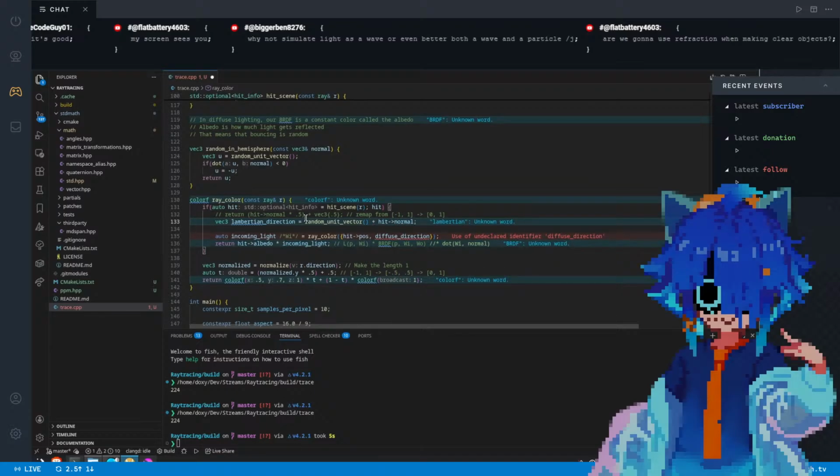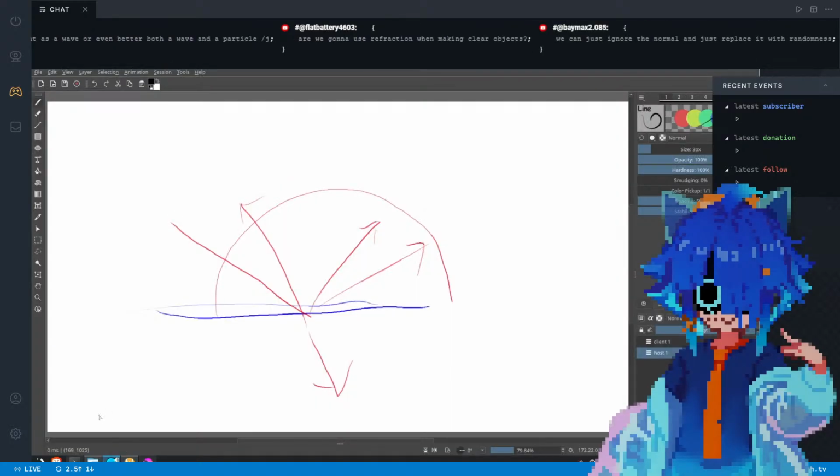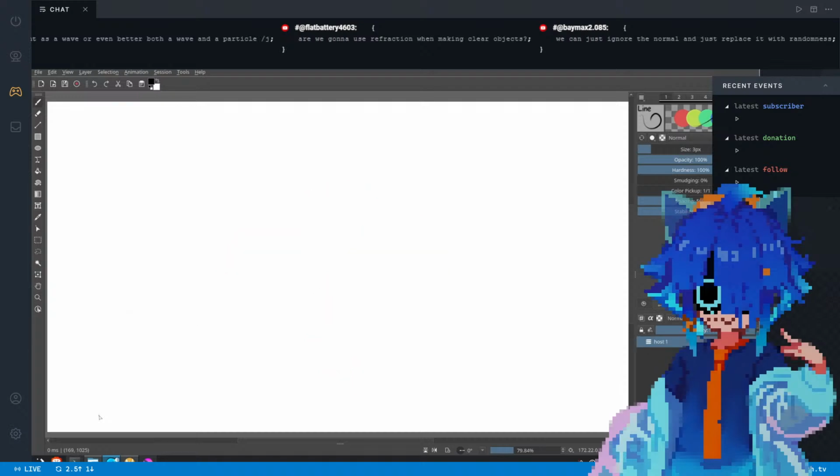So what we're doing is, let me pull back out the drawing. Instead of that previous picture where from the point we were going out in every random direction along the hemisphere, we know the normal of the point, right?